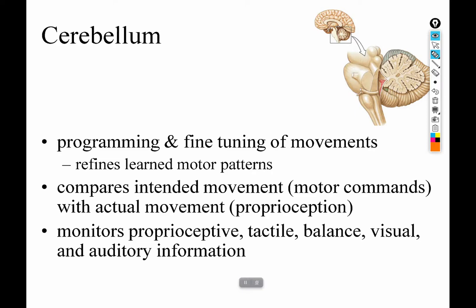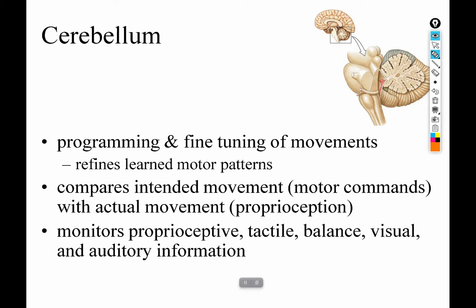So when you move, proprioceptive organs in your limbs or in whatever you're moving are sending signals. If I stretch my arm out, my Golgi tendon organ is going to detect how much stretch or not stretch my tendon is experiencing. I also have the muscle spindle, which is detecting the extent to which my muscle is stretched.